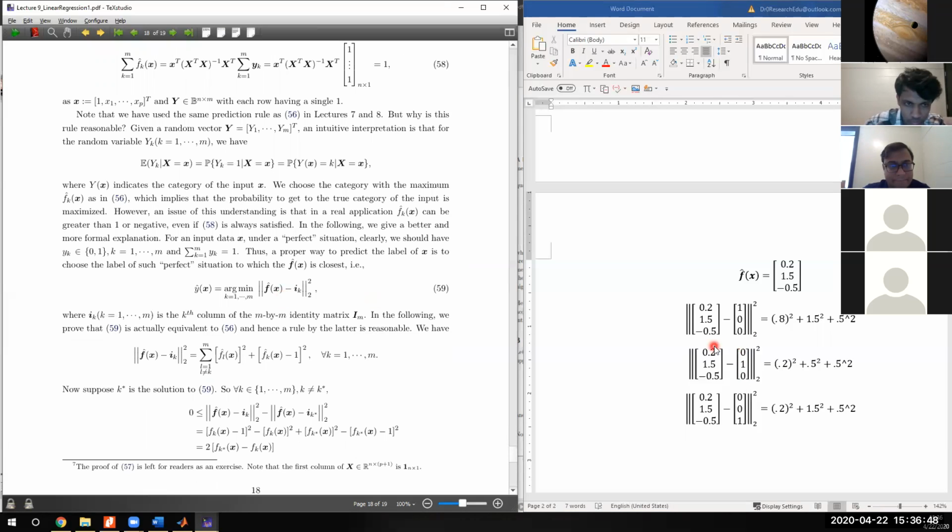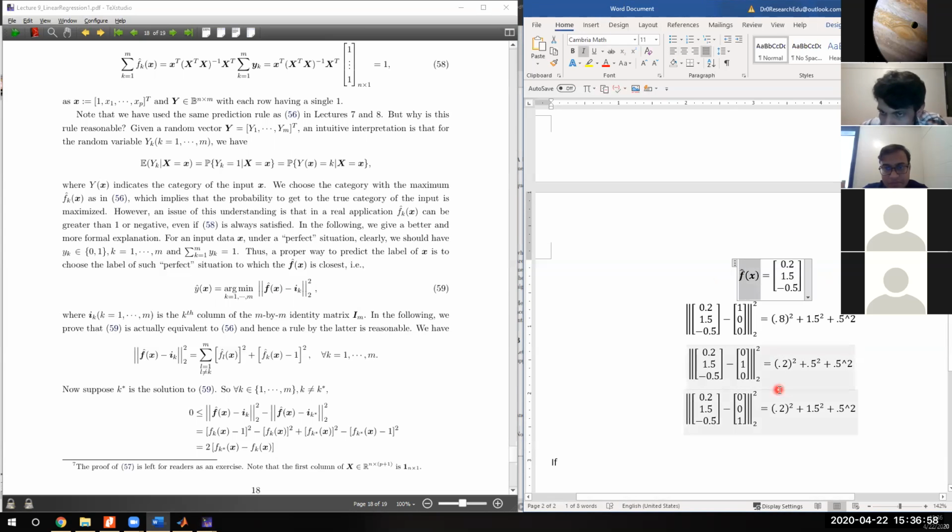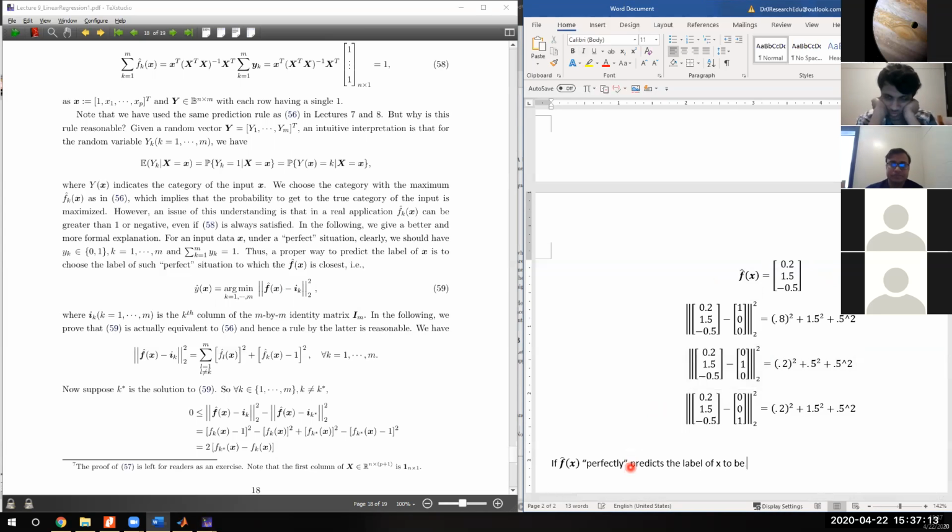For example, if f(x) perfectly predicts the label of x to be 2, the second label, okay?